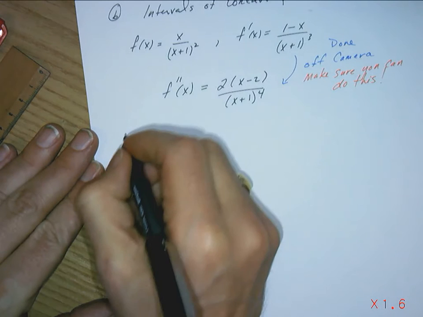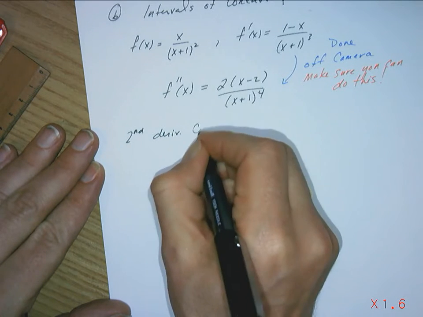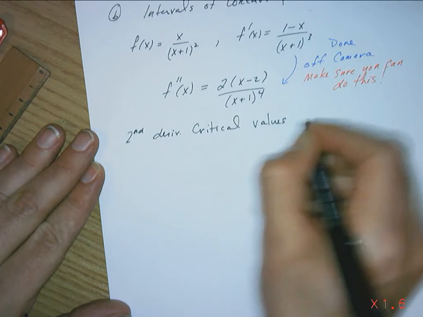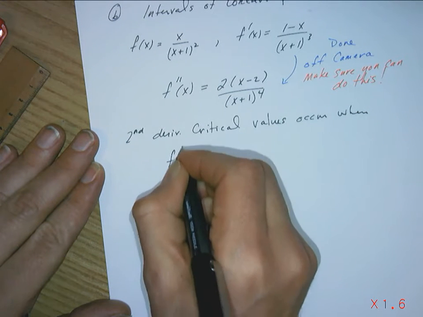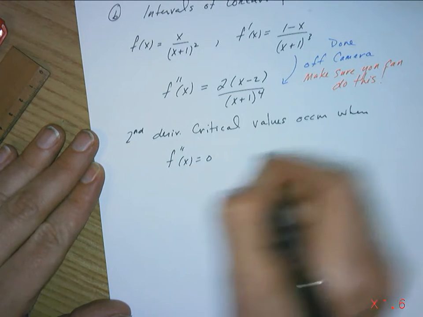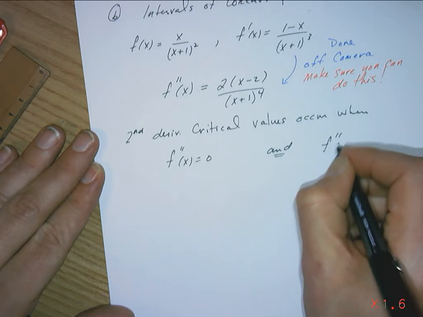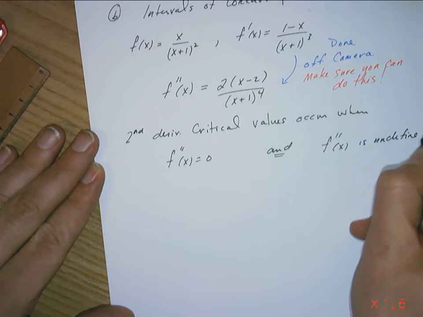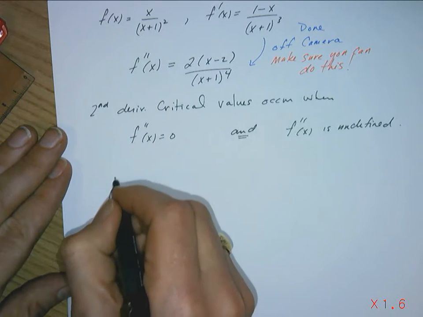So, second derivative critical values occur when f double prime of x equals 0 and when f double prime of x is undefined. It's the exact same as the first derivative. The only difference is we've got a different function here.